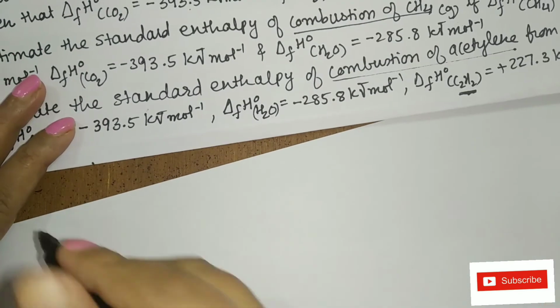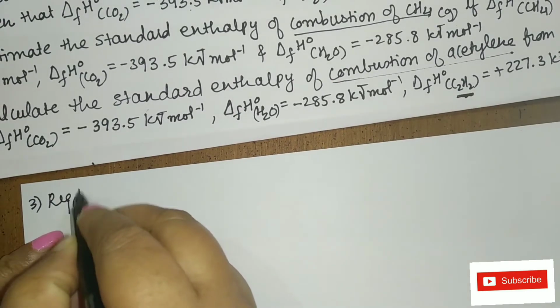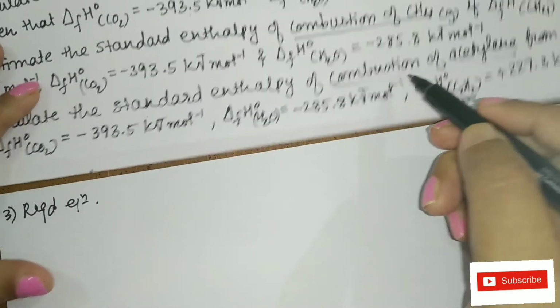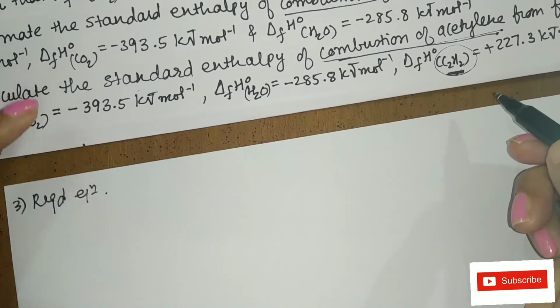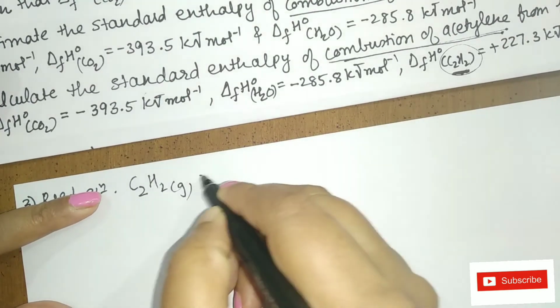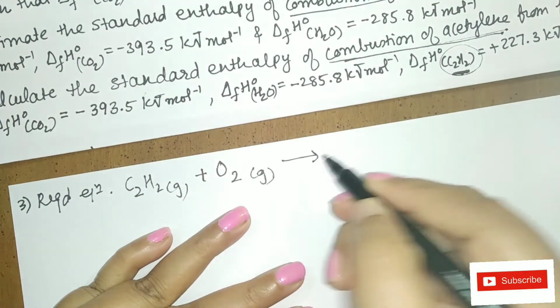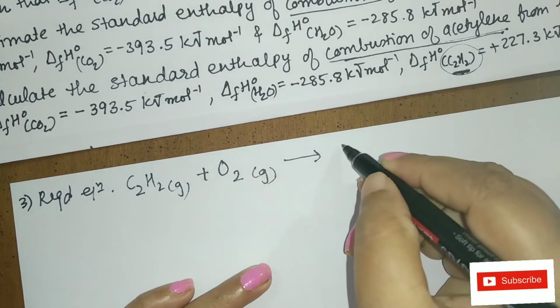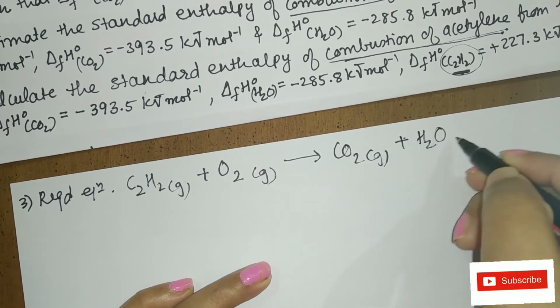So let us write now the required equation. The required equation, what they are asking you, is the combustion of acetylene. We got the formula for acetylene, so let us combust that. So it will be C2H2 plus oxygen, and as I told you, hydrocarbons on combustion always give you carbon dioxide and water, the major products.